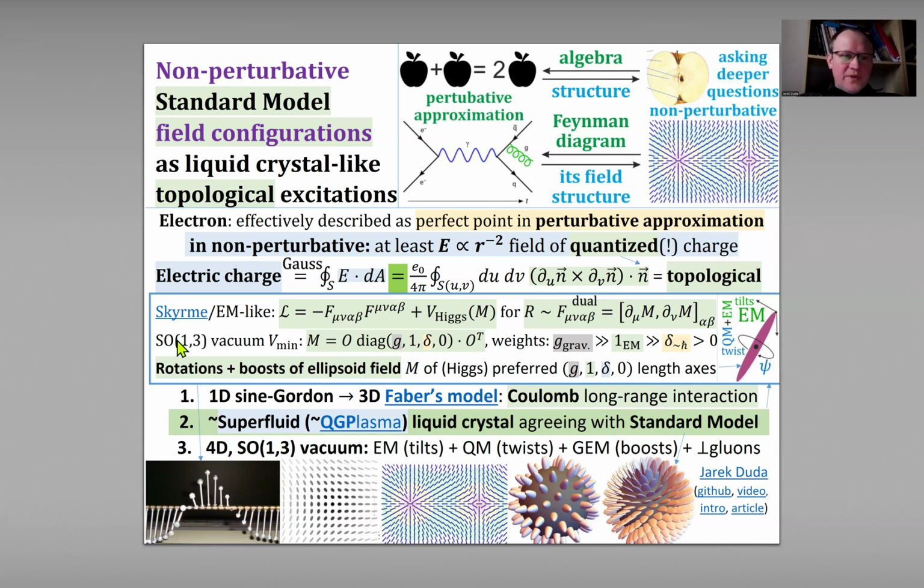So here is the basic Lagrangian I will consider. It includes further particles and interactions. Like in electromagnetics or in Skyrmion models, we have this F squared term, but now with 4 indexes. So now this F is interpreted as the curvature of some deeper field to have this built-in charge quantization, like here.